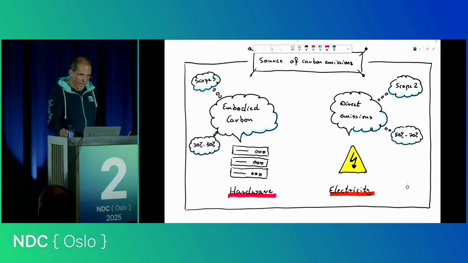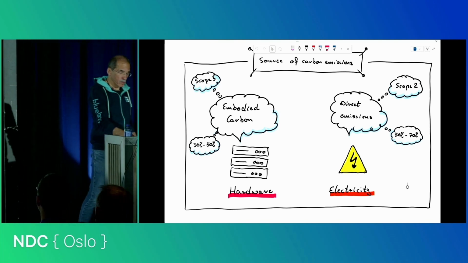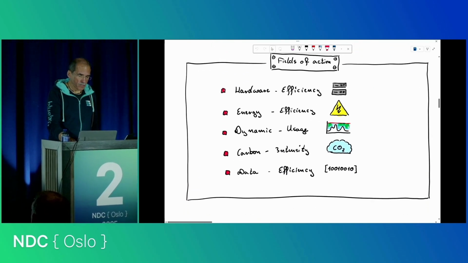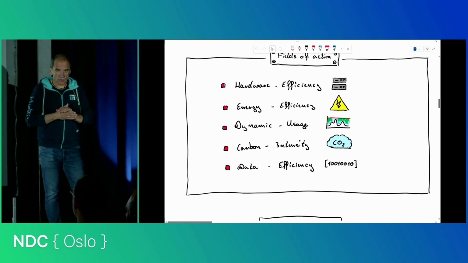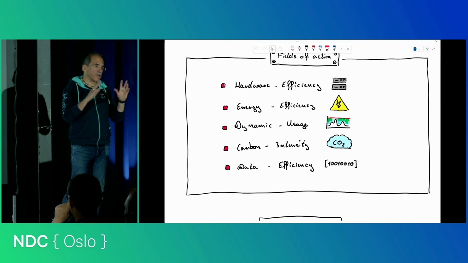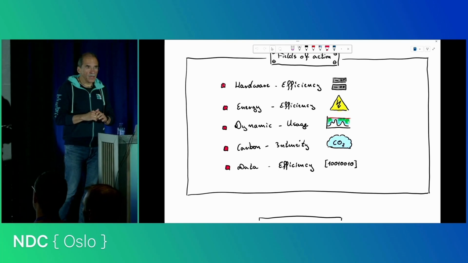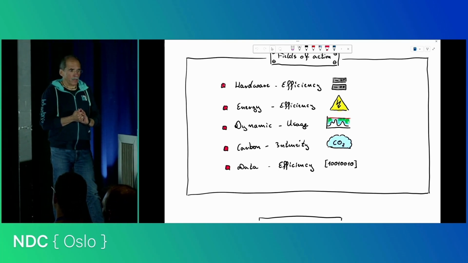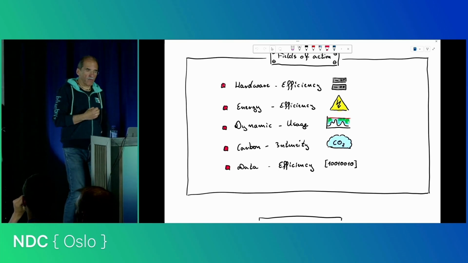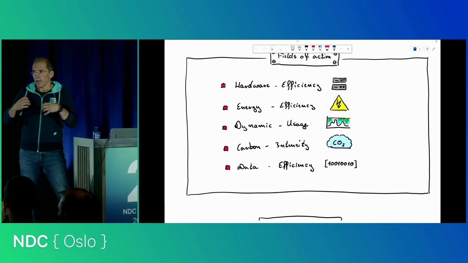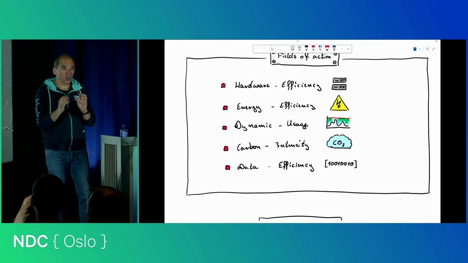Having all this in mind, a lot of people have thought about that, and we can identify some fields of action. They're called hardware efficiency, energy efficiency, and so on. I will go into detail on some of them, and I think you will see what it means, and then as engineers we will find solutions for that.